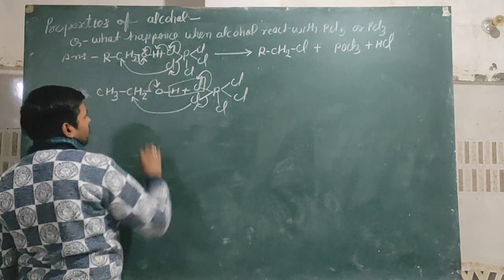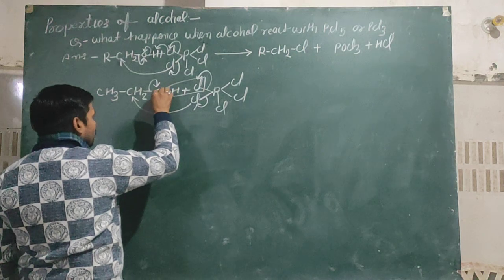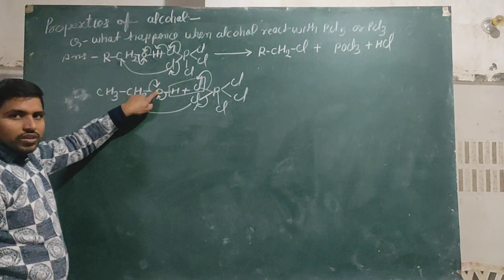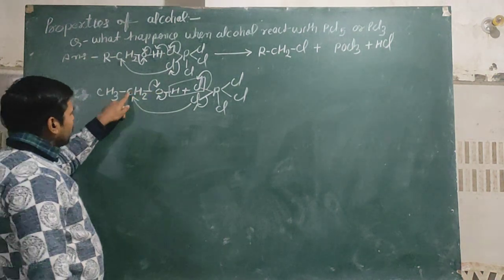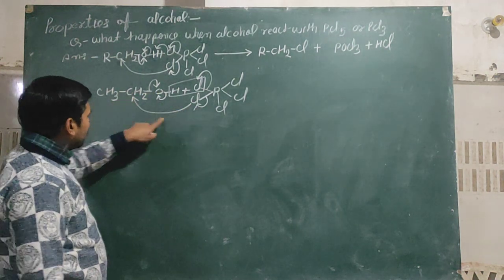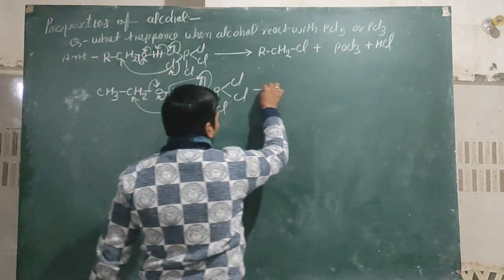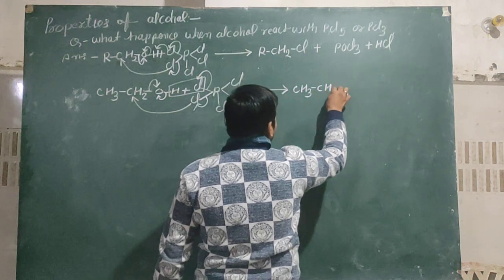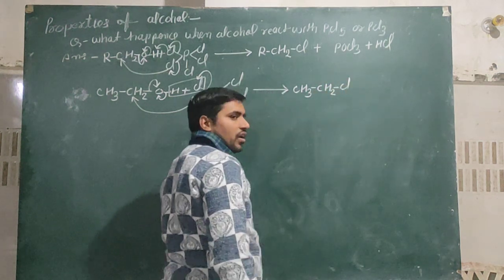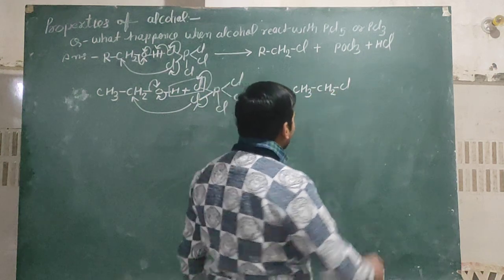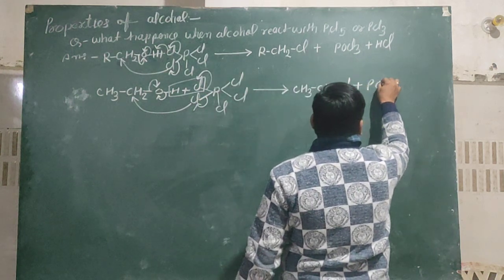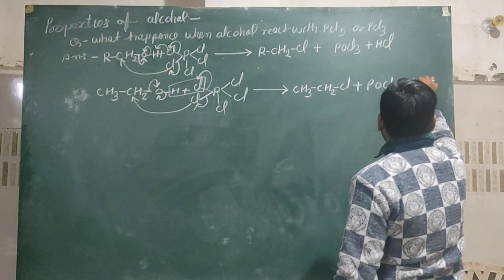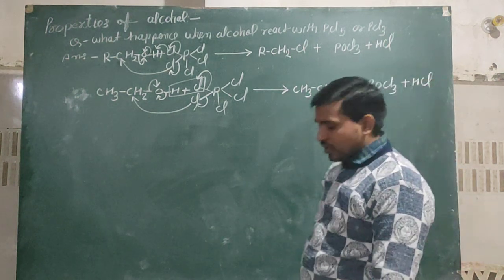This oxygen attracts electrons from both sides, hydrogen and carbon, to form a 2 negative charge oxygen atom, and carbon becomes positively charged. This Cl attacks this carbon center. As a result, CH3CH2Cl, ethyl chloride or chloroethane, is formed, and POCl3, phosphorus oxychloride, plus HCl are also formed in this reaction.